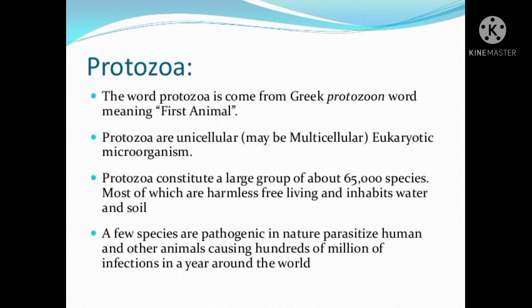Protozoa constitute a large group of about 65,000 species, most of which are harmless, free living, and inhabit water and soils. A few species are pathogenic in nature, parasitize humans and other animals, causing hundreds of millions of infections a year around the world.